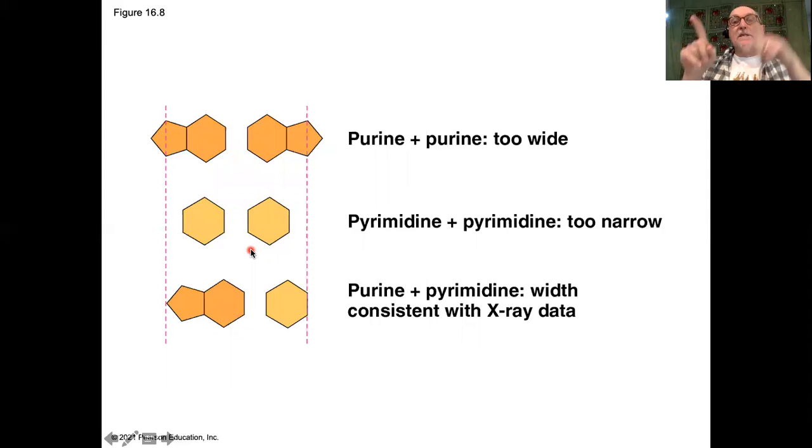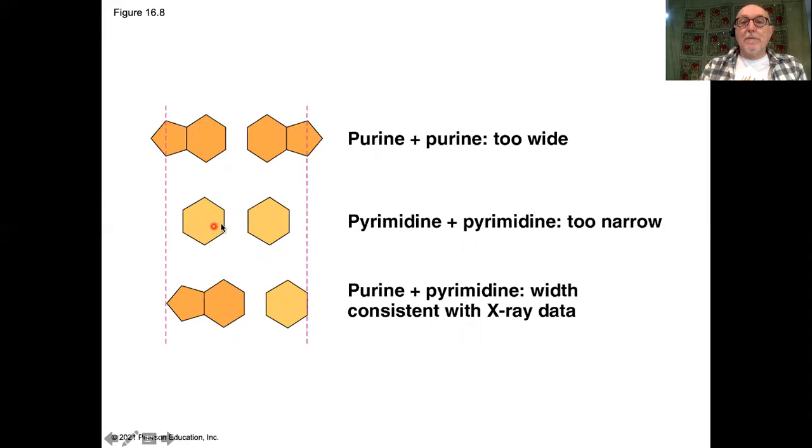Watson and Crick reworked it out, but they had a double strand of DNA. And the bases faced into the middle like this. And the bases had to match up somehow in the middle. If you put two purines across, you'd end up with 4 rings: 1, 2, 3, 4. It's too wide.